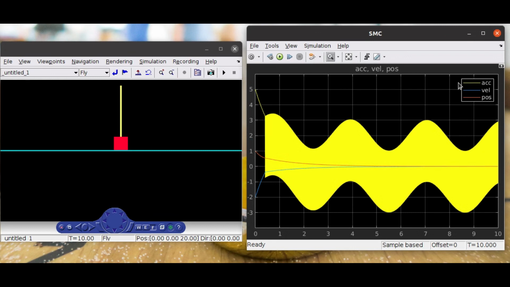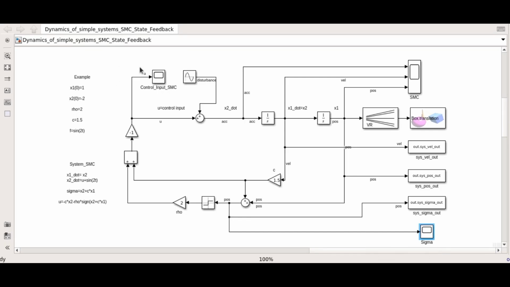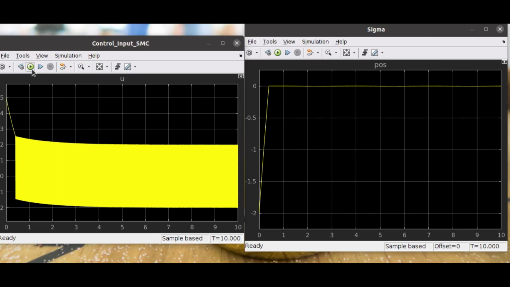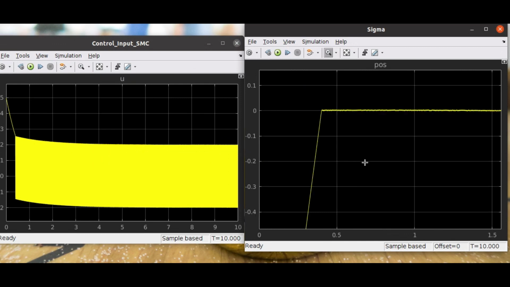Let us take a look at the control input u and sigma. The control input u is shown on the left hand side and sigma on the right hand side. As we know by now, sigma has to go to 0 in finite time, so sigma goes to almost 0 at around 0.4 seconds.